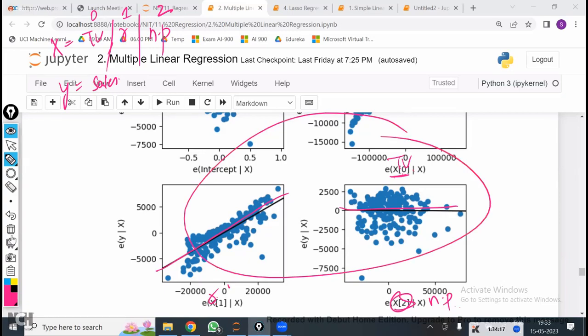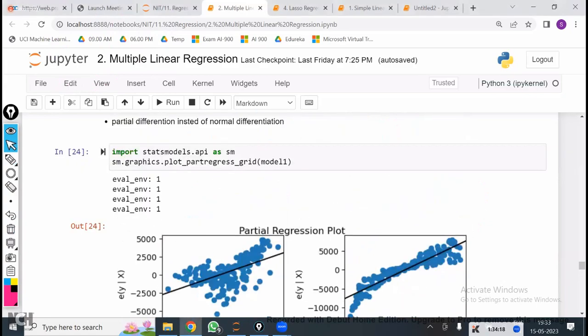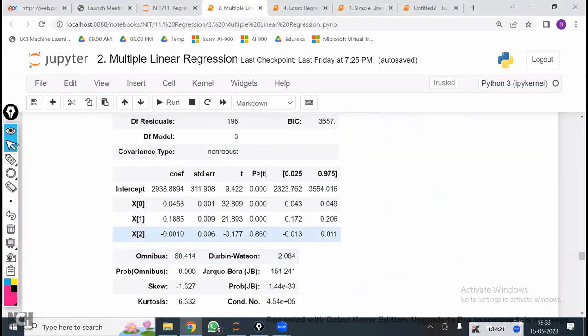Simply as of now, you can conclude that any p-value greater than 0.05 of a particular variable, that variable we have to drop. Simple conclusion. In detail, we'll discuss in tomorrow's class: the reason behind that, how it is working, and what is meant by partial differentiation. Everything we'll see in tomorrow's class.